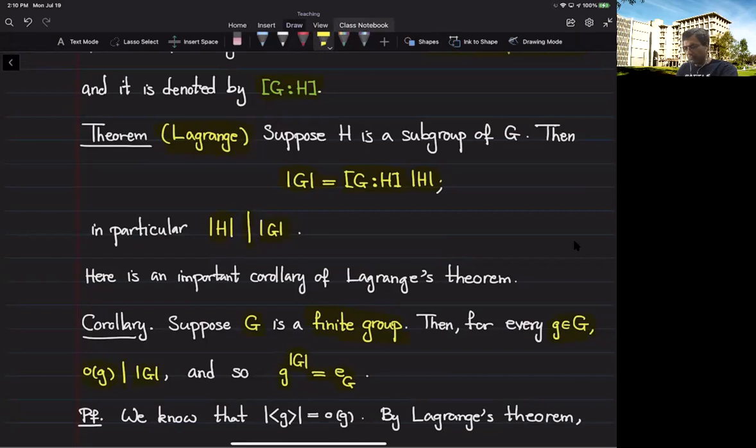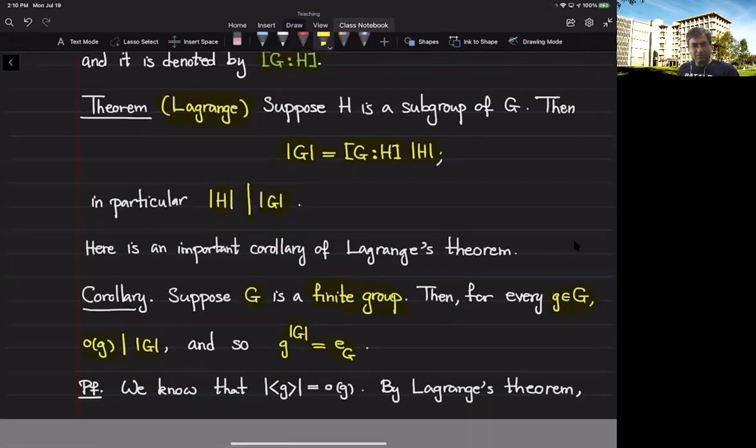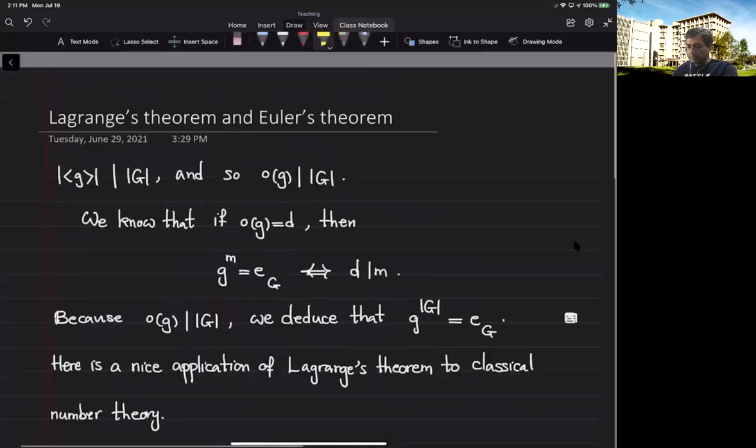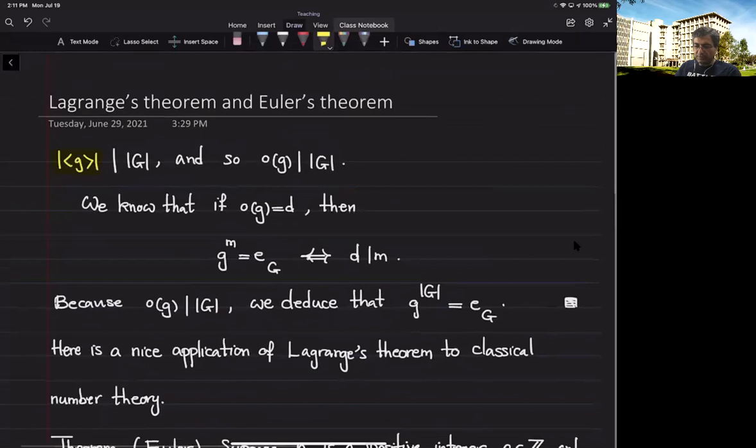Okay, let's go through the proof. This is an amazing corollary of Lagrange's theorem. So let's see how we can show this. For a cyclic group, we have proved that the cardinality of the group generated by g is equal to the order of that element. By Lagrange's theorem, the cardinality of a subgroup divides the cardinality of the group. So the cardinality of the cyclic group divides the cardinality of the group G. And therefore, the order of g divides the cardinality of this group.